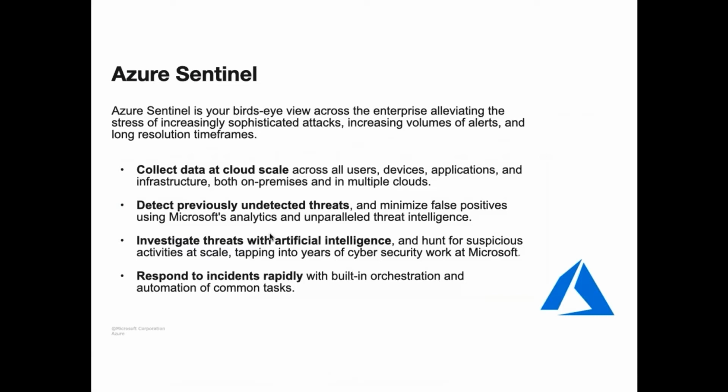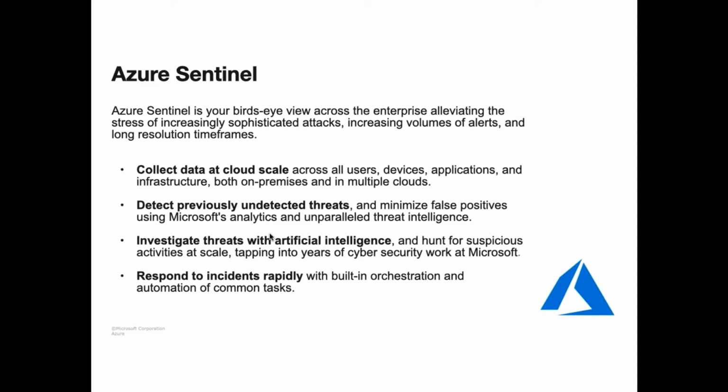Azure Sentinel has key capabilities such as collecting the data at cloud scale and storing it. You get 90 days of data retention completely free, which you need not pay for. If you extend the retention beyond 90 days, then you need to pay for that. Detect previously undetected threats by doing threat hunting.